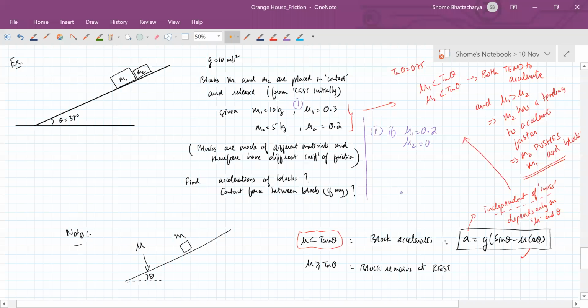Again, find accelerations and normal reaction, if any, between the blocks. Now, the second part is much easier. If you just understand the explanation I've given you on the side here, you will realize how to solve the second part. So just try this out.